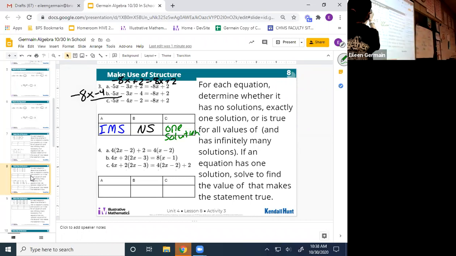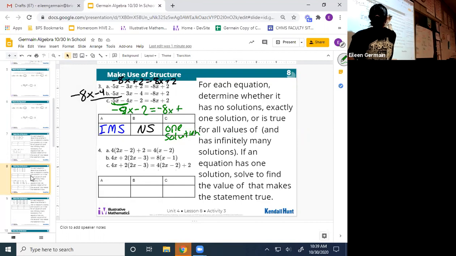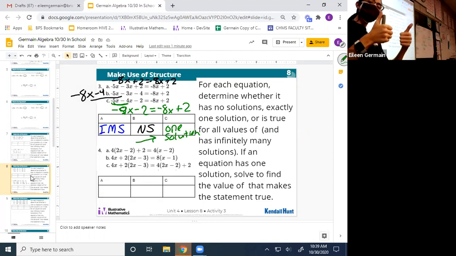Very good, because when we combine our like terms here, negative 4 and negative 5, we get a negative 9x minus 2 is equal to negative 8x plus 2. And because our variables are different, it's going to have one solution, which Elliot found was negative 4. Awesome job, Elliot.